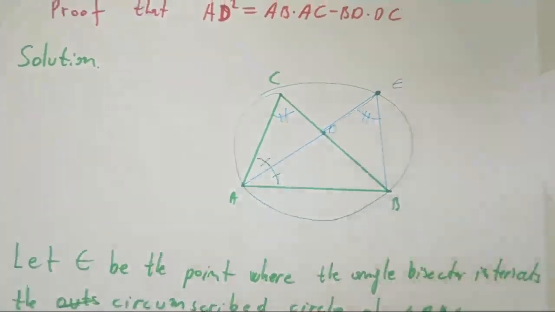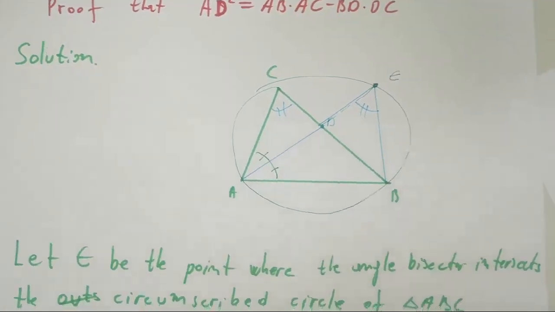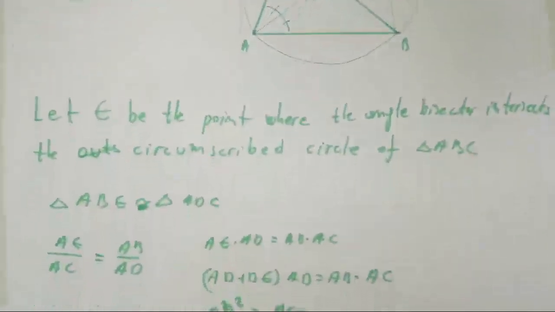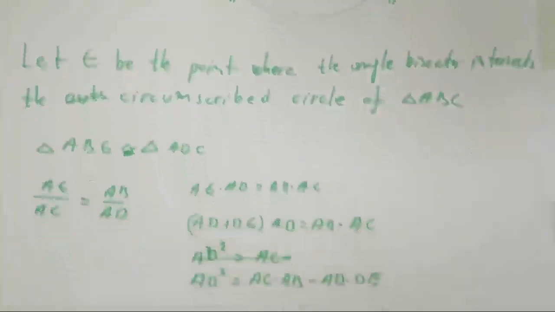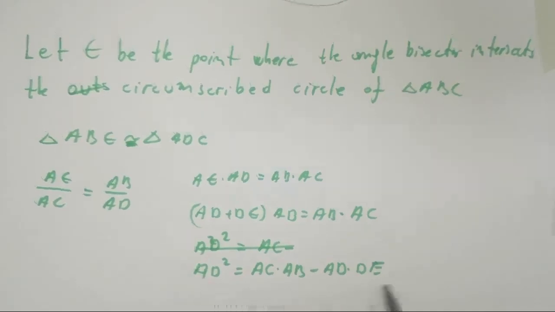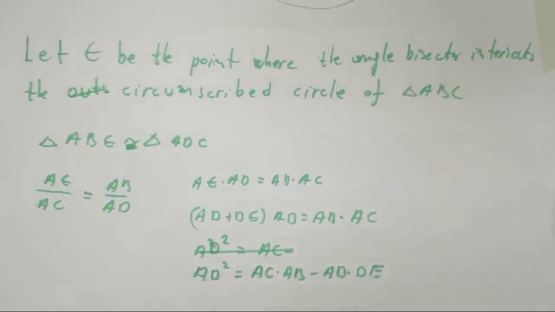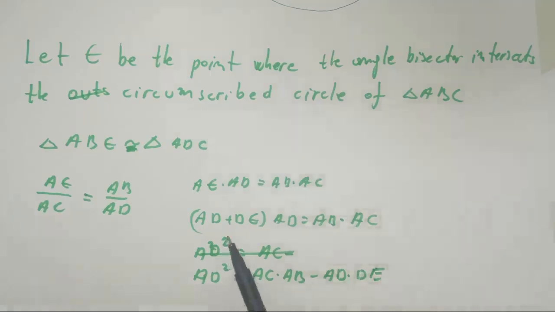So these two triangles, triangle ABE and ADC, are similar triangles. Then we have this proportion: AE over AC is AB over AD. Just some algebra, we end up with this equation. Here, instead of AE, we wrote AD plus DE, which is the same as AE.